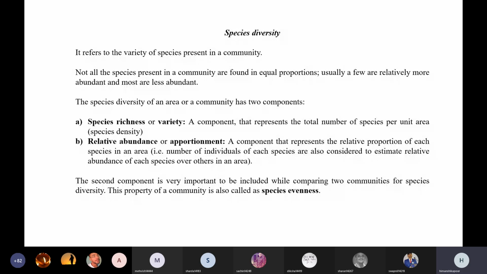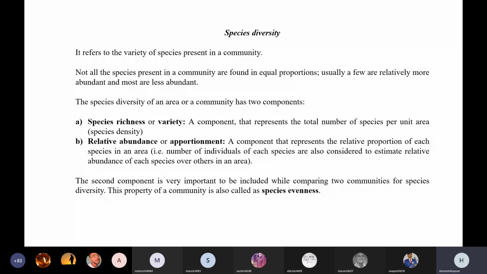That is known as number of species. For example, how many plant species are present? Is it a sunflower or a tomato? That is the number of species, which is also known as species richness or species variety.